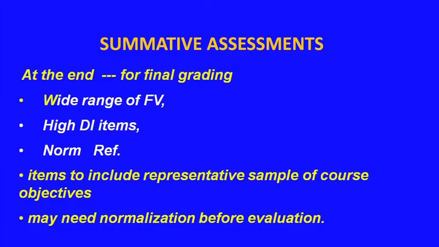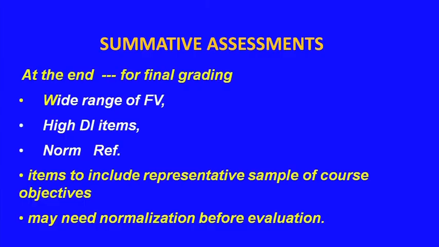Finally, summative assessment at the end is for final grading, with a wide range of facilitation value. That means we would not look at whether this is a difficult question or a simple question. Facilitation value would be limited to either a small number or a large number. A facilitation value of 0 would mean a very, very difficult question.